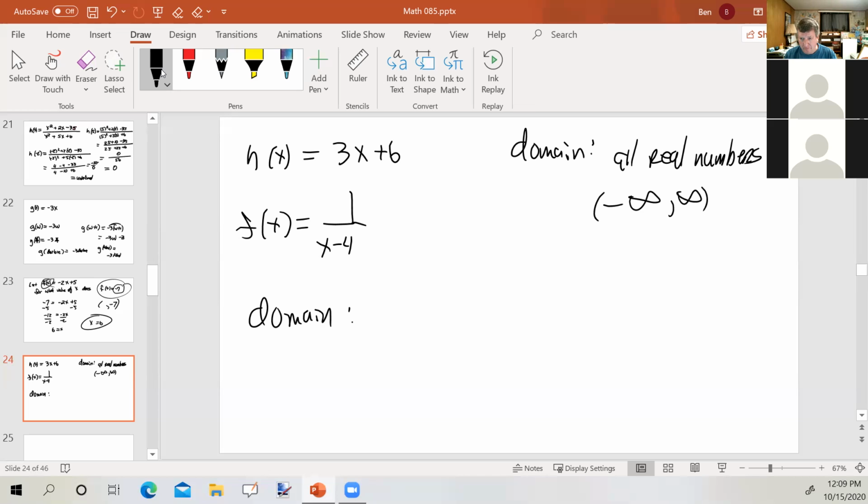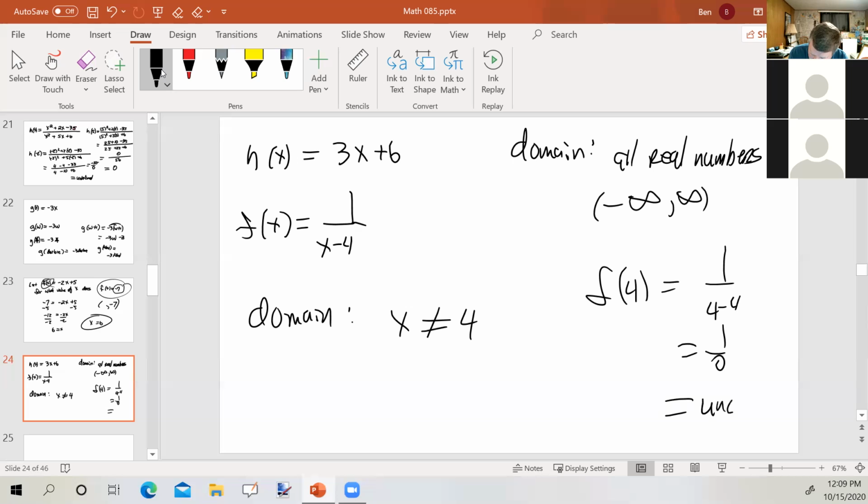Let me put it a different way. Is there a value of x that if I plugged it in, it would make the denominator 0? 4. There you go. So the domain is x does not equal 4, because f of 4 would be 1 over 4 minus 4, which is 1 over 0, which is undefined.